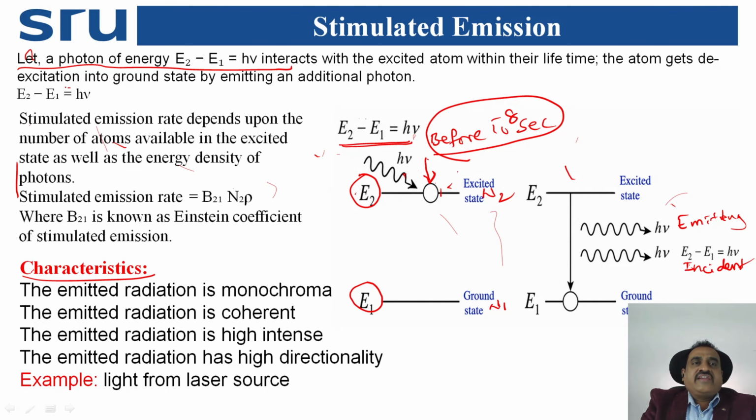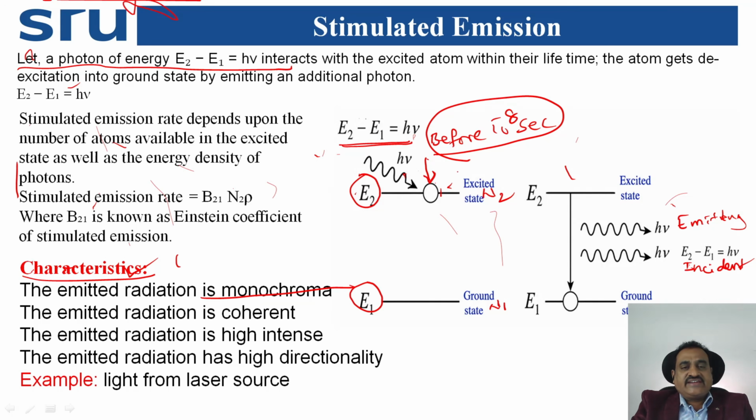So what I am saying here, now you can see the characteristics. The emitted radiation is monochromatic, meaning it has a very specific frequency or wavelength. It is coherent.